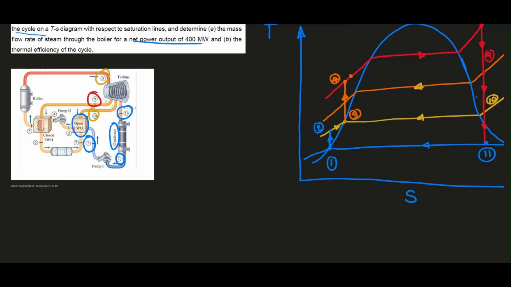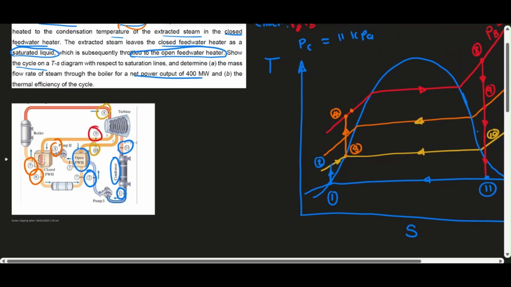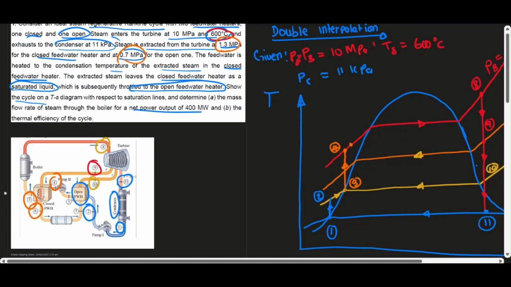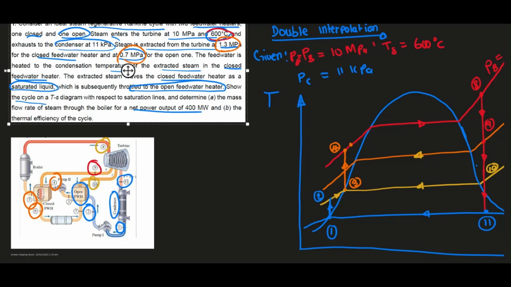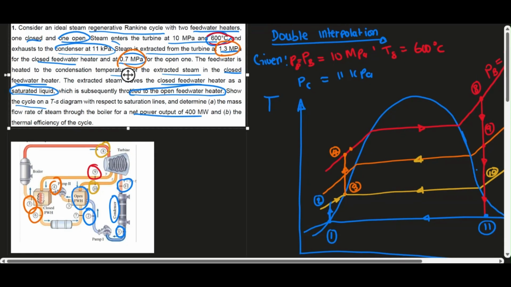Okay, what else? So we've indicated that. Now about state 6. What do we know? We know from the problem statement that the liquid... where is that? Here it is.